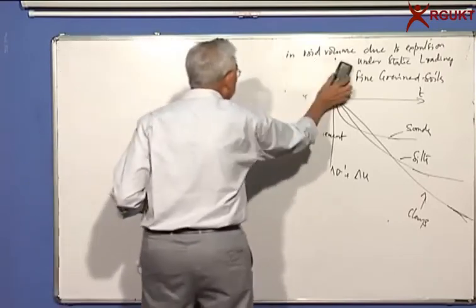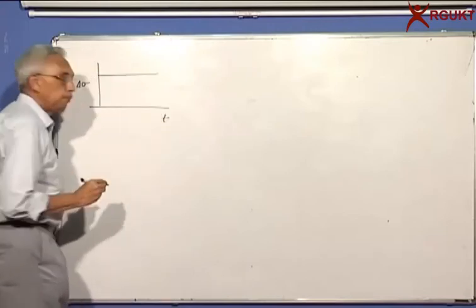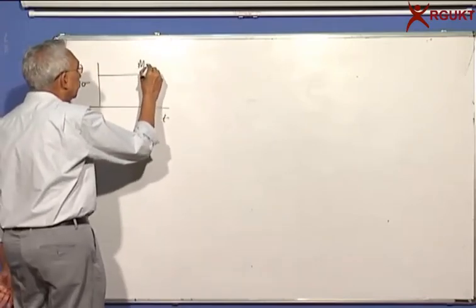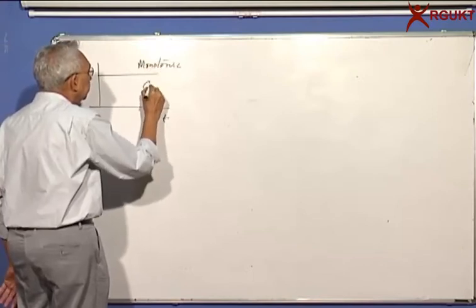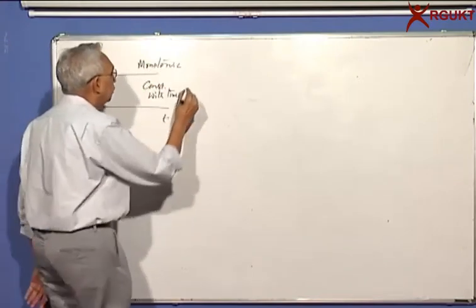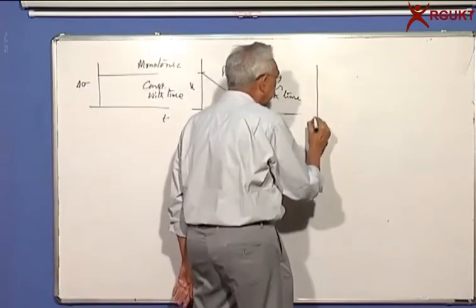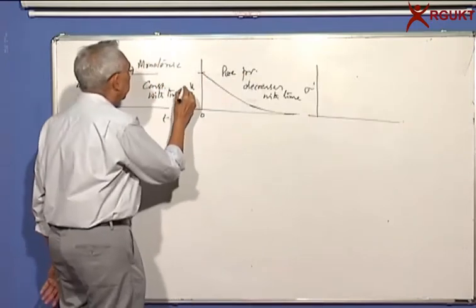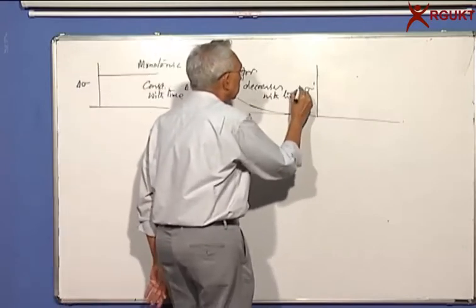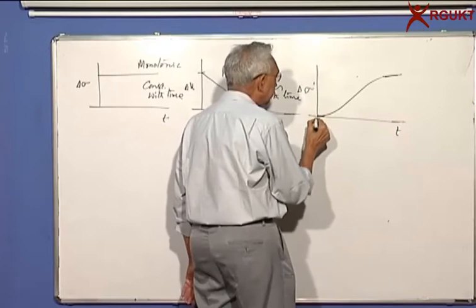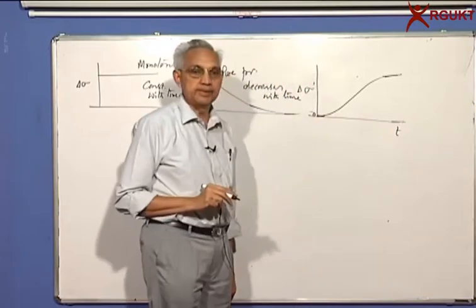During consolidation, applied load is constant. Another word is monotonic, meaning constant with time. If I plot the pore pressure, delta U, and now the effective stress, delta sigma prime, please note that at t equal to 0, effective stress is 0.